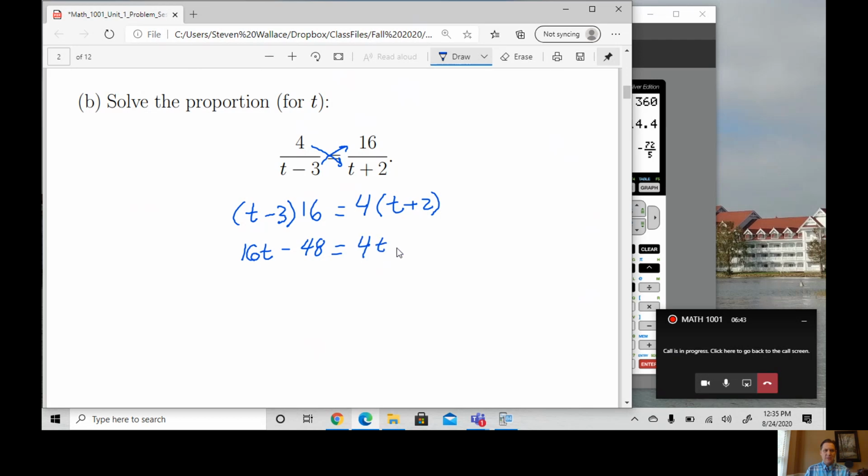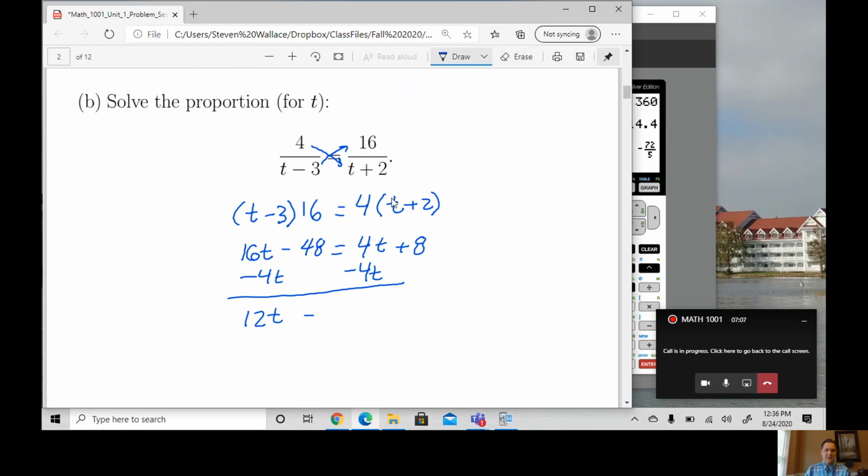Four t plus 8. Okay, now we want to get all the t's to one side. So if we subtract 4t from both sides, that gives us 12t on this side. Oh, oops, I forgot. Don't want to make a mistake there.